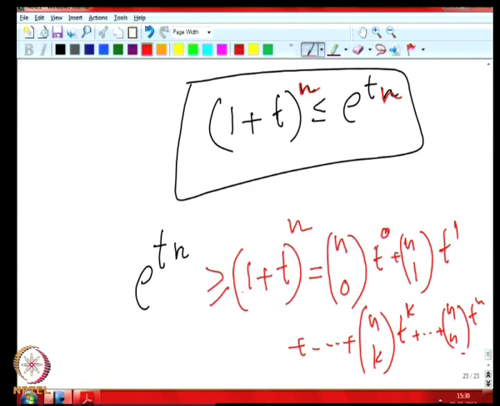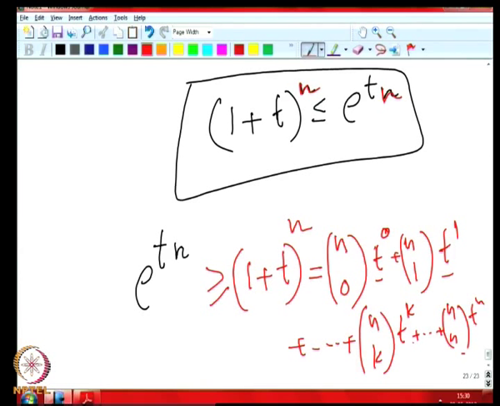This is the sum. These are all positive terms, n choose 0, n choose 1, n choose k, everything is positive, if we give a positive value to t.